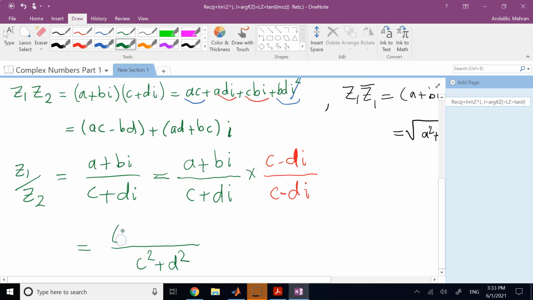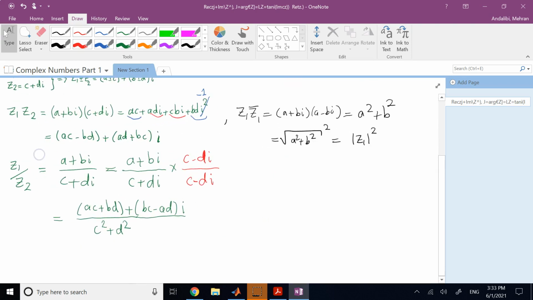And so if you simplify, you will get AC plus BD for the real portion, and then plus negative AD plus BC with the I. Okay, and now you can divide and get one single complex number, where the real part is AC plus BD divided by C squared plus D squared.